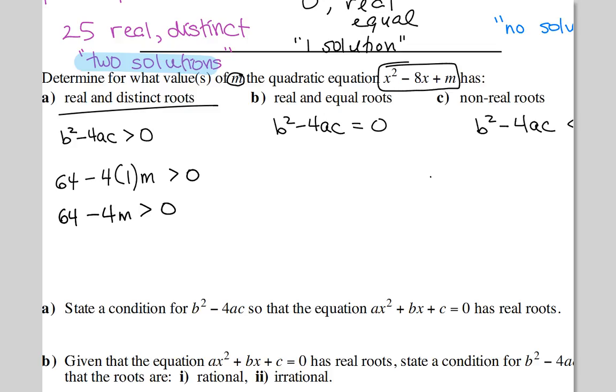Should we move the 64 over or the 4? Good. What happens if you move the 64? Then you'd have to switch a sign, and that's just nasty, so don't do that. Divide by 4 and you get 16. So as long as m is less than 16, you'll have real and distinct roots.